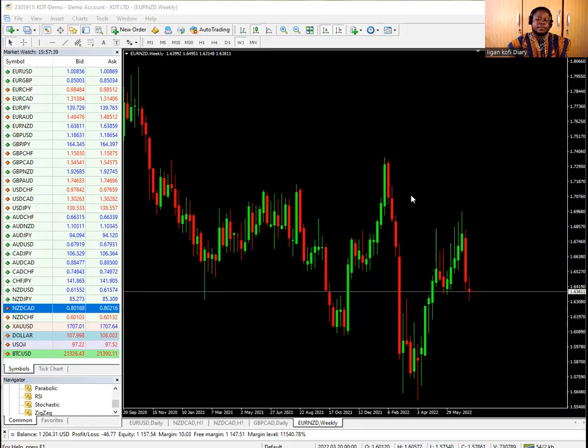So here we have our chart or our MT4 to help us know what last week's forecast gave us. Now, last week, we said that euro was going to be weak. And so we should be looking at a sell on currencies that have euro as base currency.